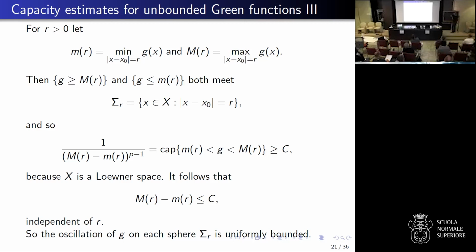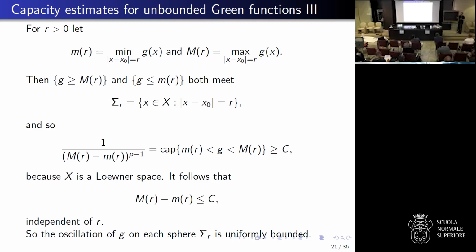If I now look at the condenser in between, the diameter of this super level set where the function is greater or equal to big M of r, it has diameter at least r. Both of these sets actually touch the sphere of radius r. So this means the distance can be at most 2r. This means that the relative distance actually is at most 2. The relative distance is the distance divided by the smaller diameter.